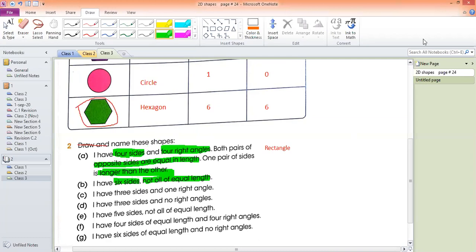Regular hexagon. Very good, Ahmad Jibrail, Jihad. Send your answer in the chat box. Ahmad Muhammad, this is not the full answer. I know it is hexagon, but in this hexagon, all sides are not equal. So what will you say? Yes, guys, send me the answers. I'm waiting for your answers. Ammar Khalid, very good. Ayman, very good.